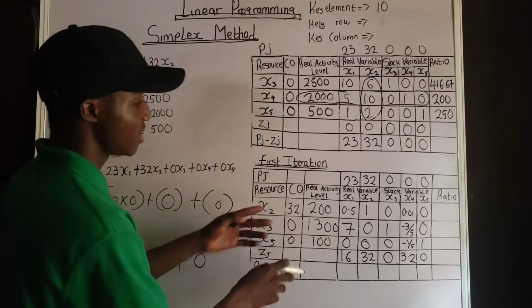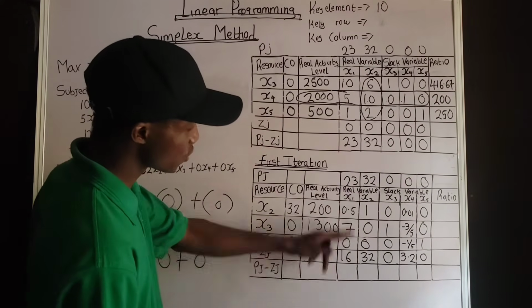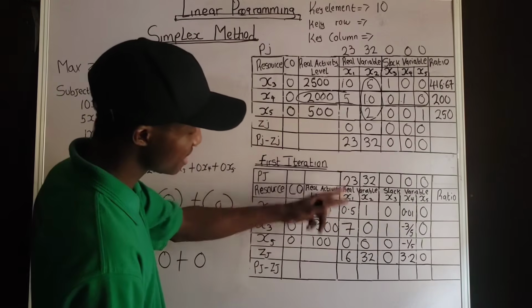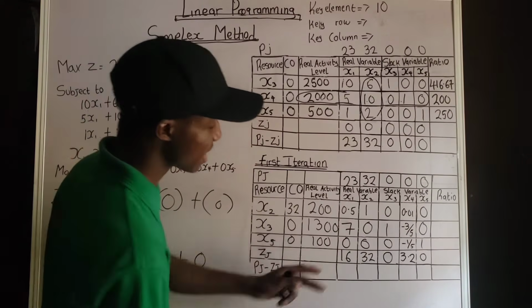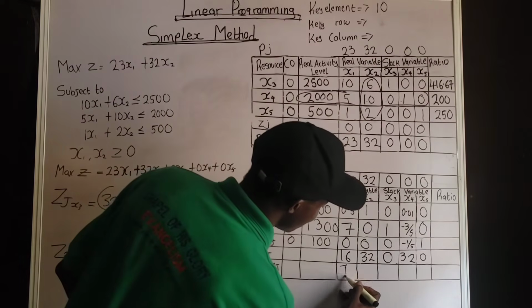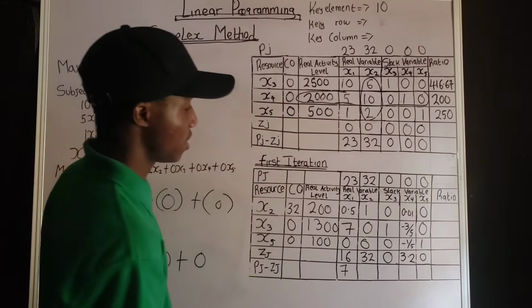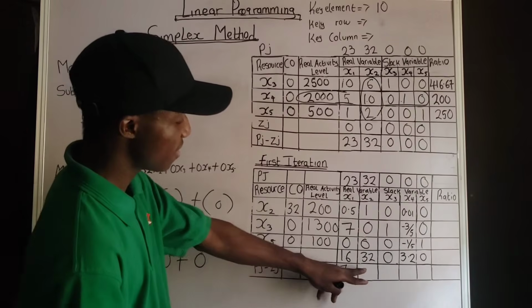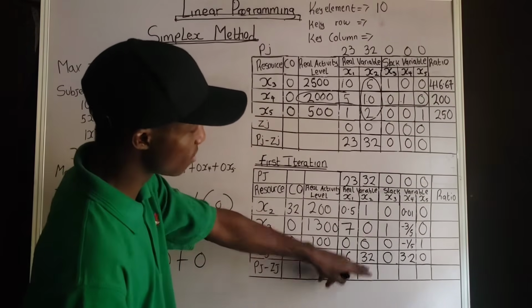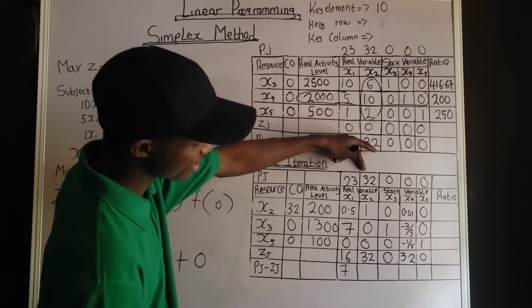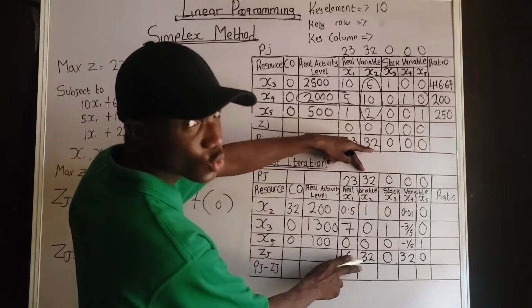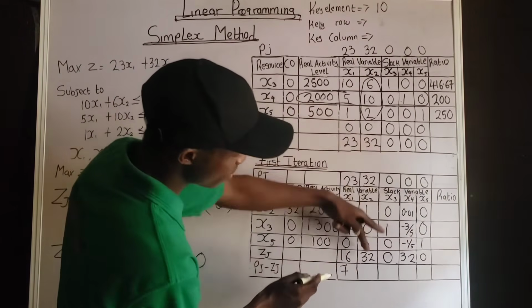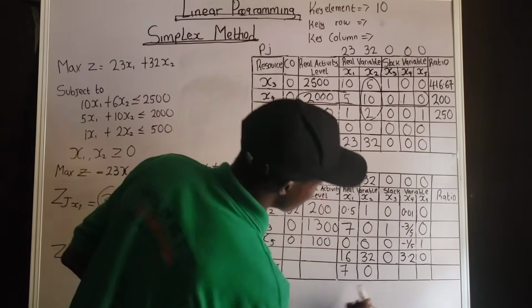Now let us start. Pj for these cells is what? 23. Zj is what? 16. 23 minus 16, that is 7. So the value of pj minus zj is what? 7. Okay, the pj of this column is what? 32. 32 minus what? Zj is also what? 32. So 32 minus 32 is what? 0.